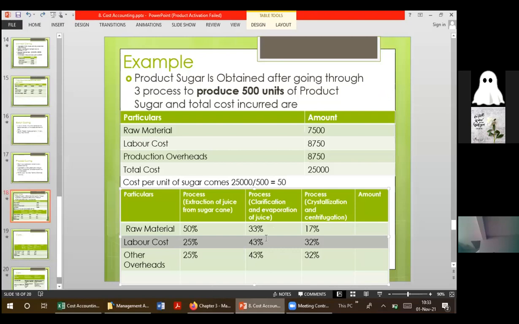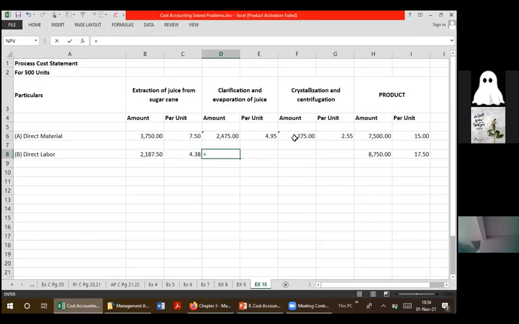Then for the second process, labor cost is 43%. So we'll have here 43% of our product cost, multiplied by 0.43. 3,762.5, and per unit is this divided by 500, 7.53.